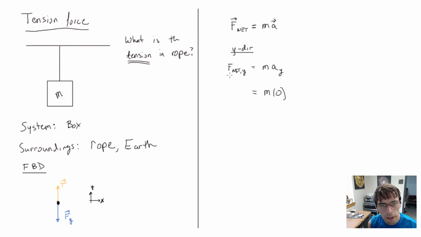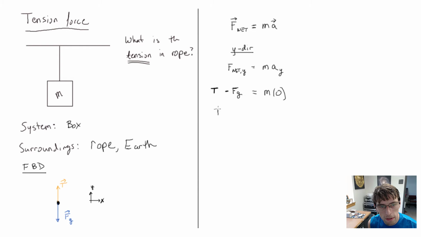Over here, the net force, we can look at our free body diagram. We say, well, the tension is going upward, so since I called up positive, I'll leave a positive sign in front of the tension force. Since I called down negative, I will put a minus sign in front of the gravitational force, F_g. Now I'll substitute in values.